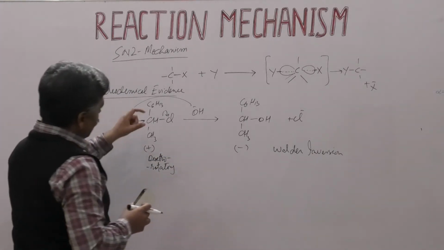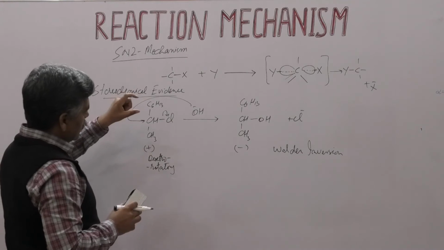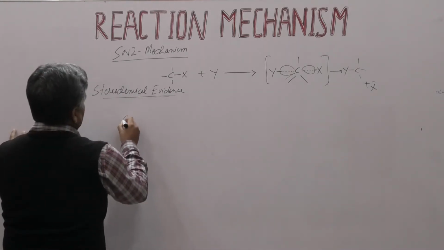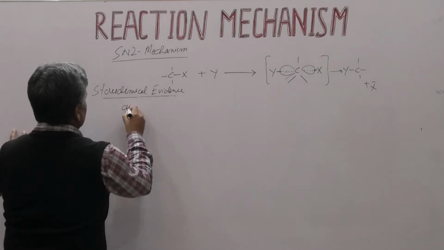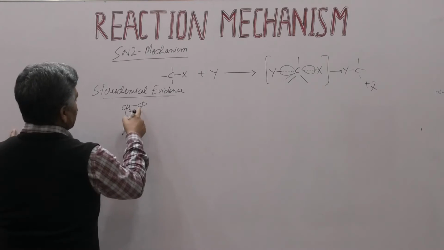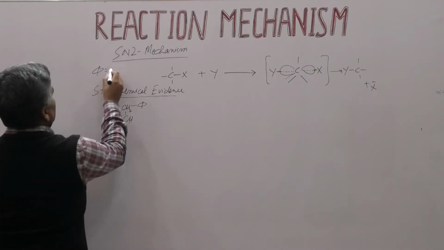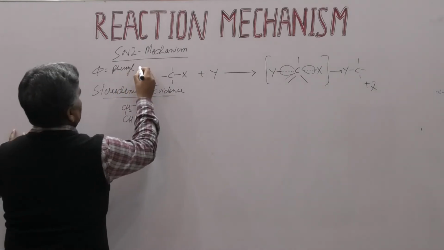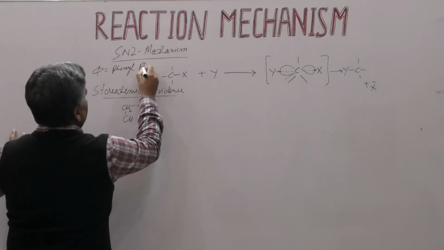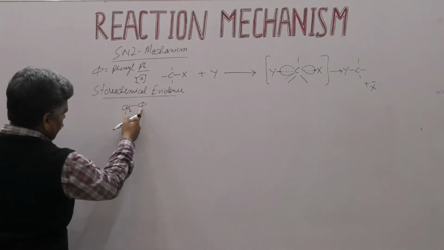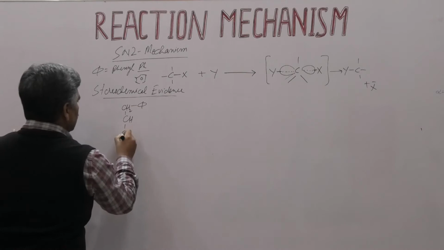I will also prove this by some experimental example. For example, we have CH, a chiral carbon, CH2 and phenyl. I write this, this is equal to phenyl, which we can also write as Ph, or it is benzene. So this phenyl and CH2, this is the benzyl group.